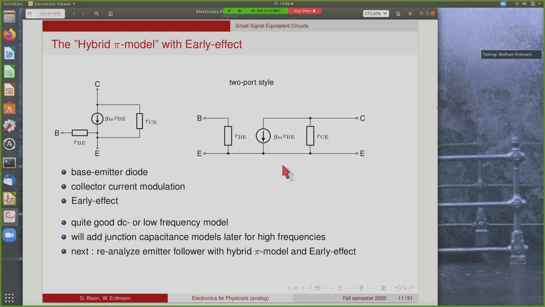So this model is very good for DC and low frequency applications. We will later add the junction capacitance models that are needed to describe the behavior of a transistor at high frequencies. So now we move on and reanalyze the emitter follower with this hybrid pi model, including the early effect.